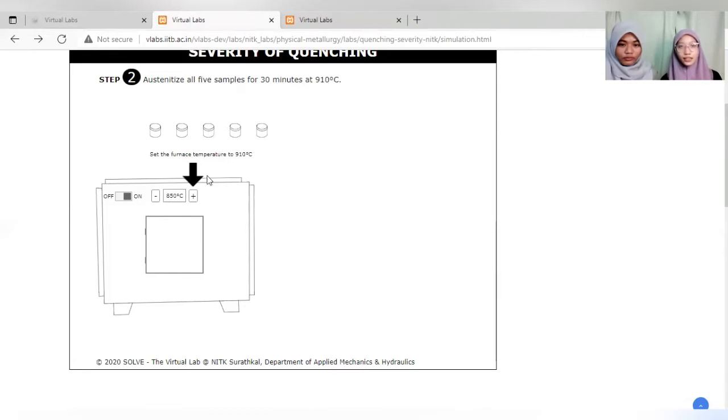910 degrees Celsius. So set the furnace temperature to 910 degrees Celsius. So we set the temperature to 910 degrees Celsius. Okay. And then we put all 5 samples to austenitize.